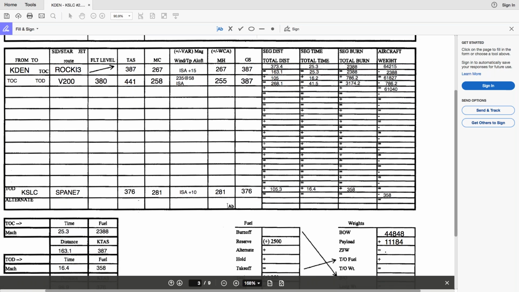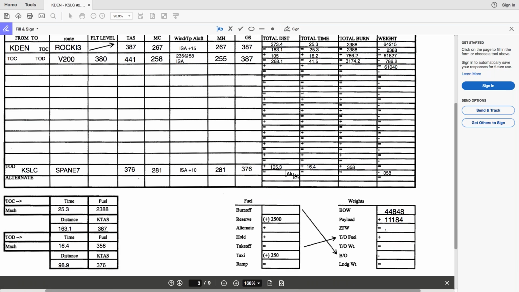And then we just got to put our top of descent. We just got to throw that in there too, right? So I can just copy these numbers down to here just to help me get them close so I can actually see what they say.